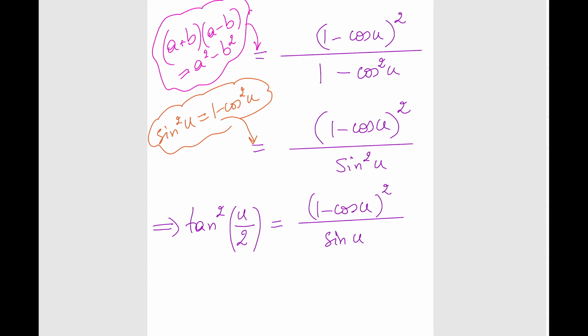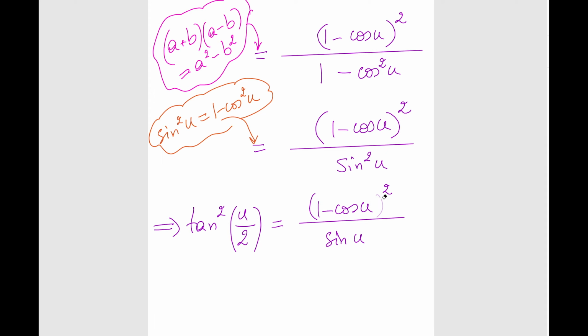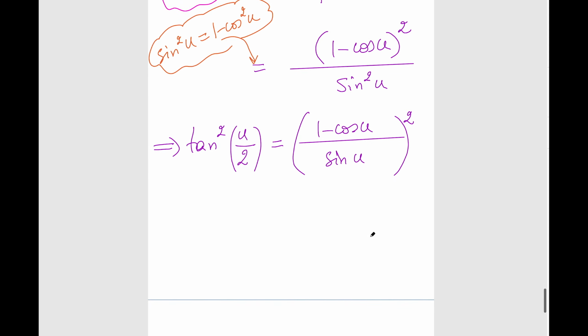Sine squared of u is sine of u squared. So you know what I'm gonna do? I'm gonna try to write the whole thing like this. The whole thing squared. Makes sense? Because the square upstairs, the square downstairs, I can just put it in factor in some sense. So it's the square of the whole quotient. Okay? And so I have square here, square here.